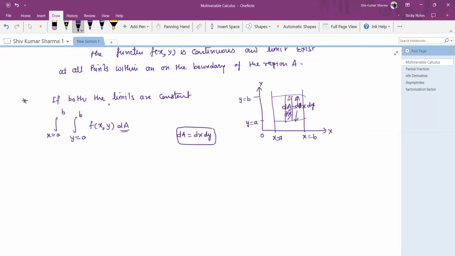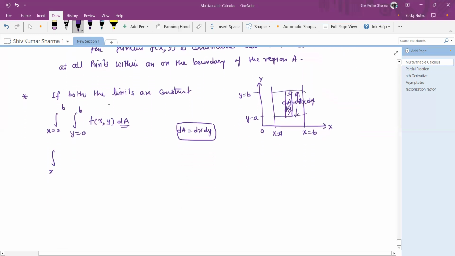Now we can write the integral with x from a to b and y from a to b of f(x,y) dx dy.